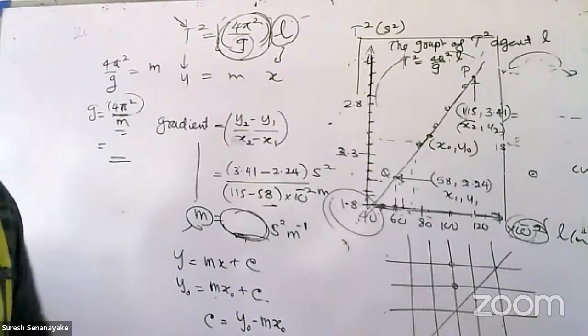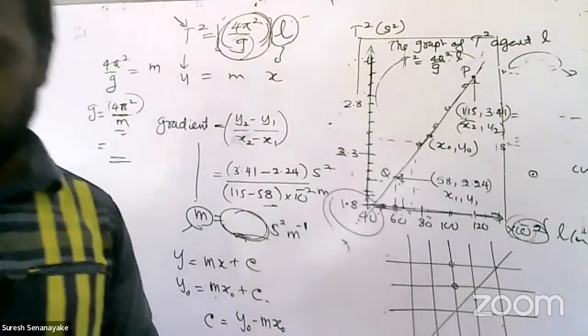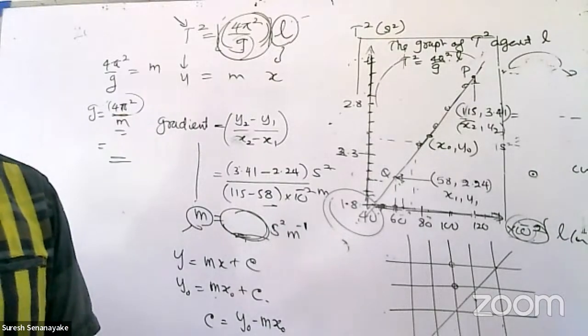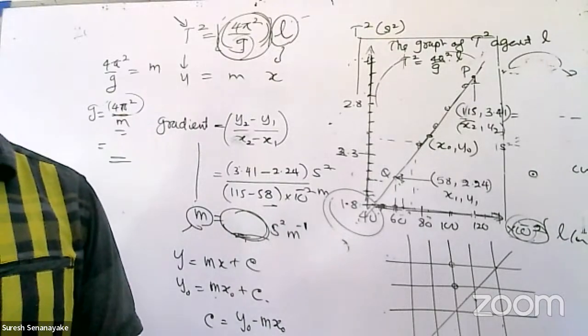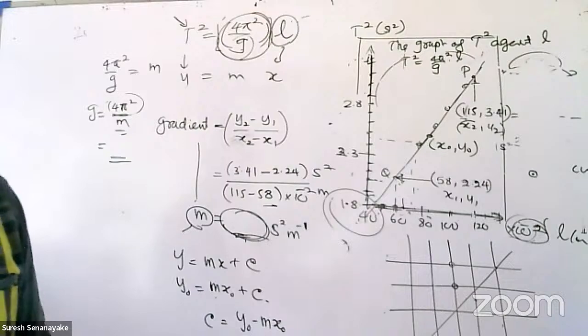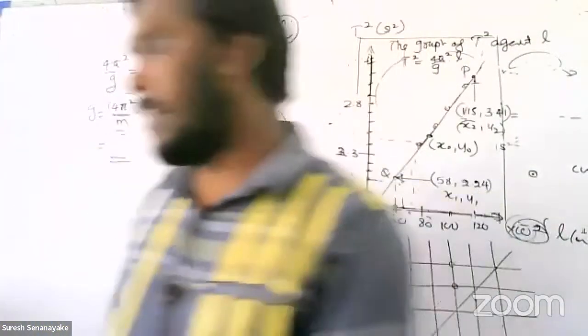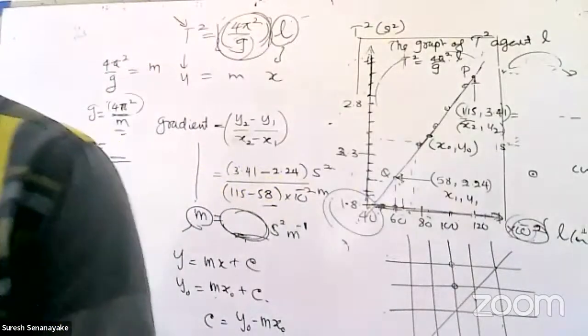I already gave you the data here. Plot the graph and calculate the acceleration of gravity. Let's draw the graph and calculate the value of g. Then do the calculation. Let's do the first one with me, and then the second one you can do at home.